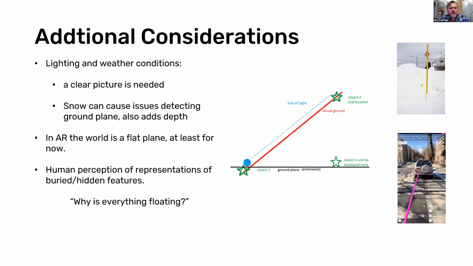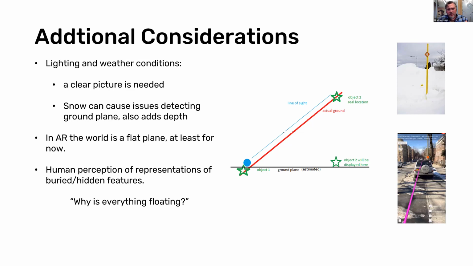Another issue living up where we do is snow, and you can think of a lot of reasons why, but the main reason with AR is it can sometimes have issues detecting the ground plane, so where it thinks the ground is, for a couple of reasons. Snow is highly reflective, so it can throw off camera sensors and other light sensors.